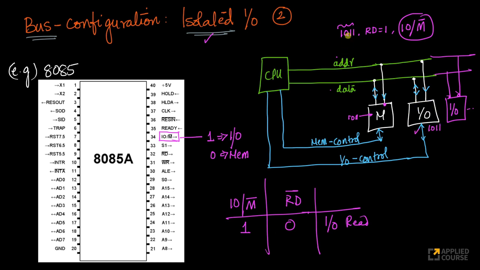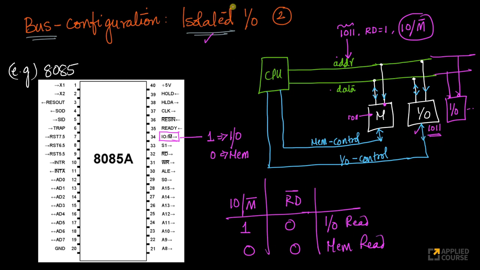I'm giving the same address 1011, but because this IO/M is set to 1, and this IO/M bar line is connected both to your memory and to your IO devices, when it is 1, you'll read from the IO devices. Suppose if this is 0, which means I want to read from memory because I have M bar here. Right? If this is 0, this is equivalent to memory read.